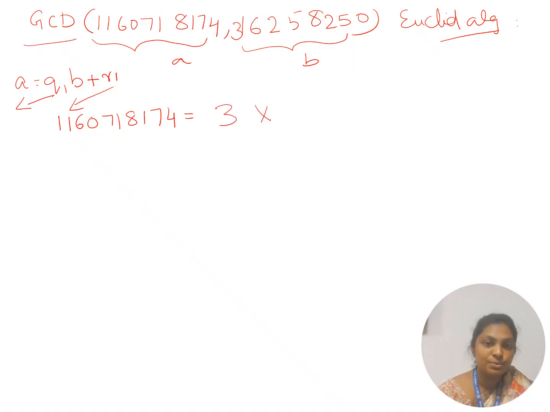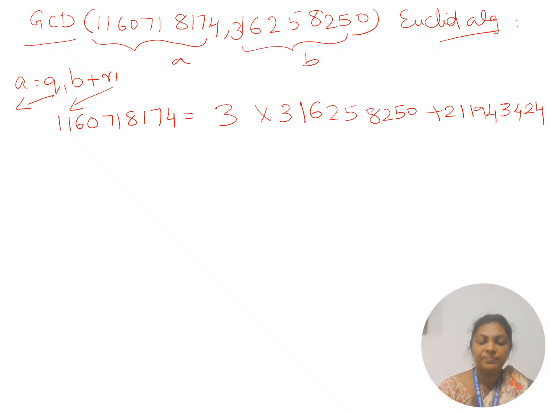So 3 into 316258250 plus the remainder, which is 211943424. When you divide these two numbers, you get this as the quotient and this as your remainder.